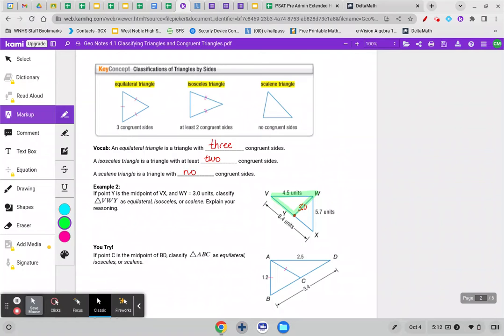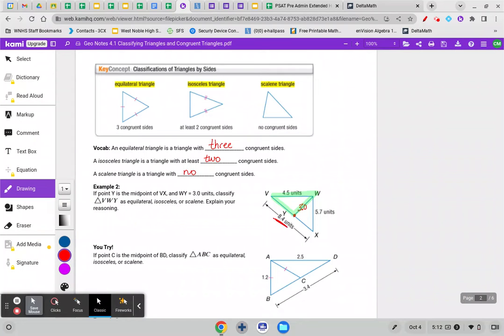We know the whole distance of this segment, VX, is 8.4, so half of it is 4.2. Now compare the side lengths of this triangle: 4.2, 4.5, and 3.0. Because none of these side lengths are the same, this is a scalene triangle. To explain, this is because no sides are congruent.